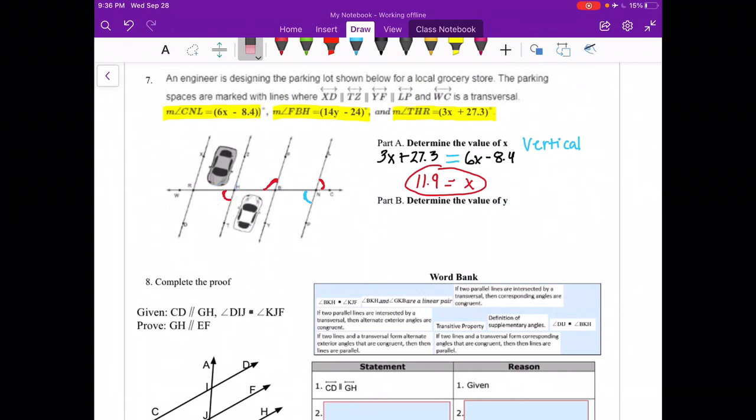Now, for part B, we can compare any of these angles, but we're going to compare FBH to CNL. If we compared FBH to CNL, we'll notice that these are two same side exterior angles.